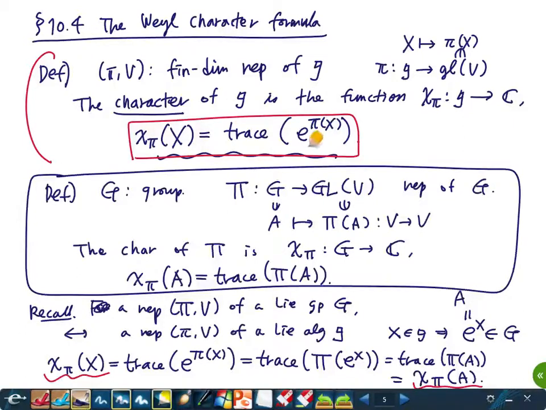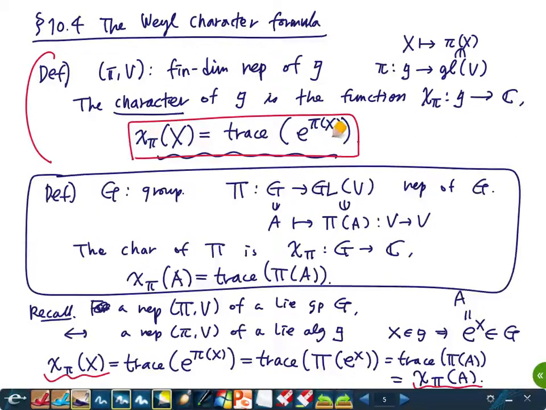By the way, you might ask this question, is this well defined? I mean, formally, this is not well defined because this is an infinite series. But it is okay because if this is in the Cartan subalgebra, you can really deal with this infinite series just using the exponential function.